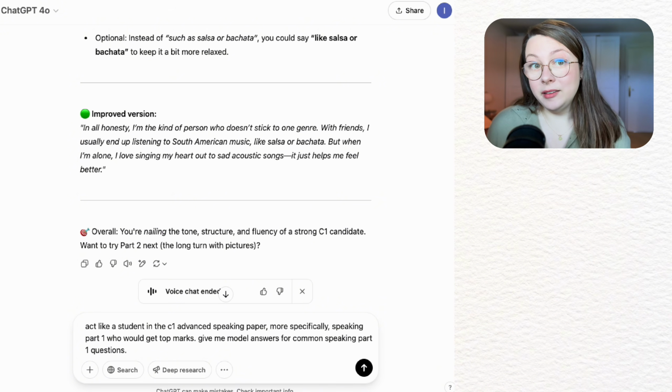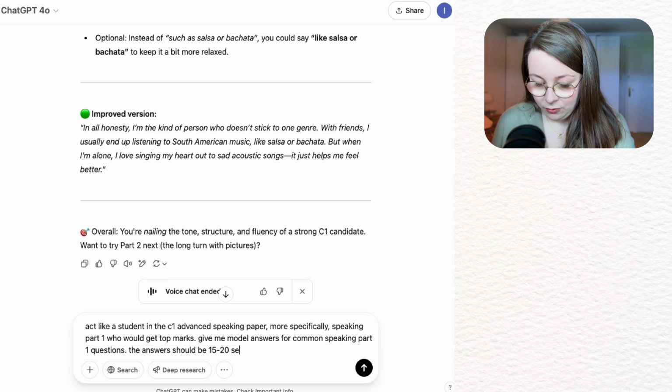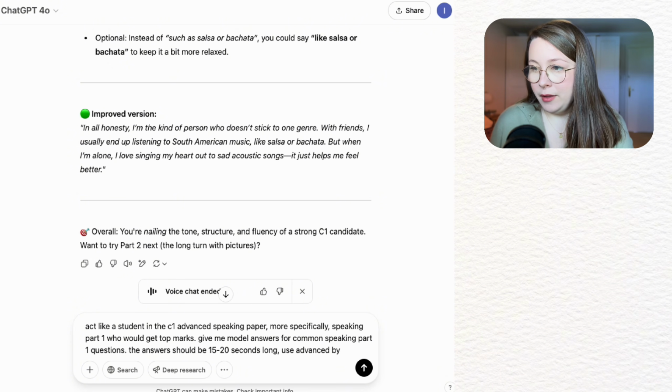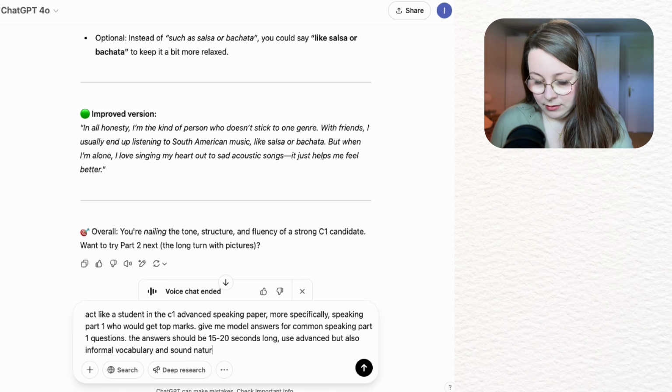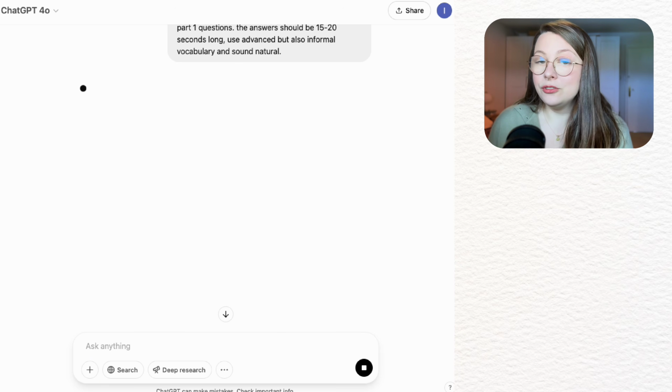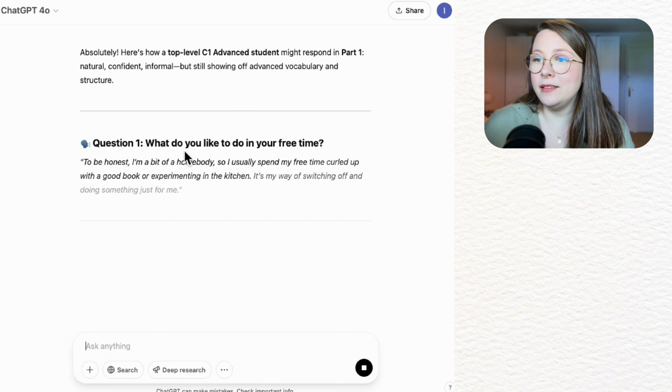Because sometimes ChatGPT makes mistakes, I'm going to be more specific about my instructions and say the answers should be 15 to 20 seconds long. Use advanced but also informal vocabulary and sound natural. So let's see what ChatGPT gives me so I can practice my answers.